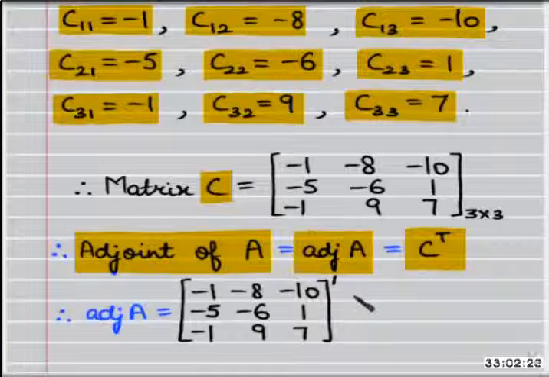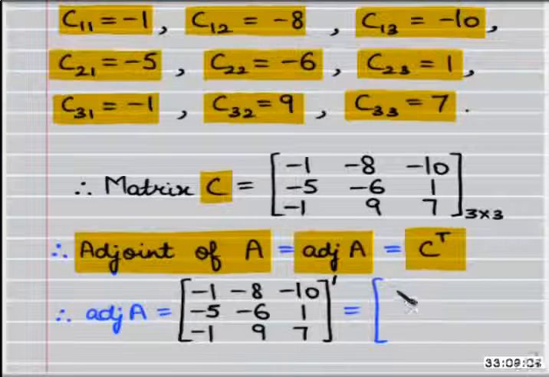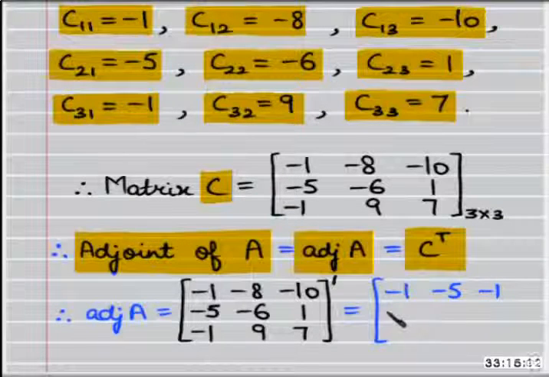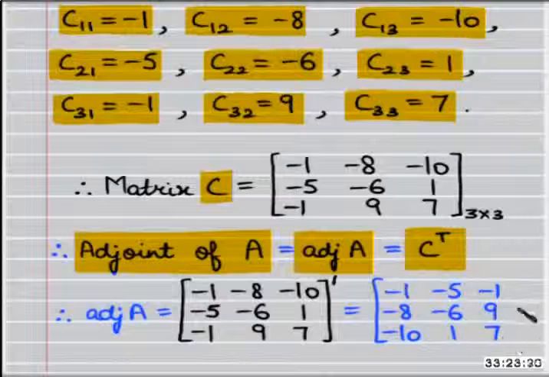On taking transpose, it will be equal to 3 by 3 order square matrix whose first row elements are minus 1, minus 5, minus 1. Second row elements are minus 8, minus 6, 9, and third row elements are minus 10, 1 and 7.